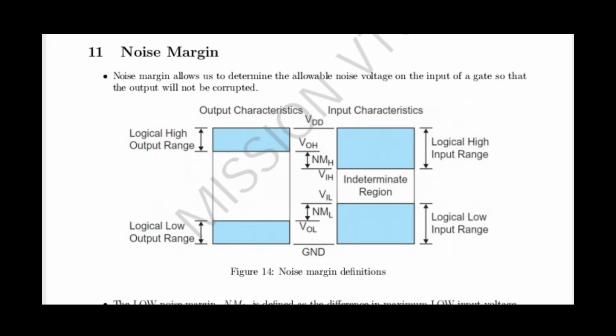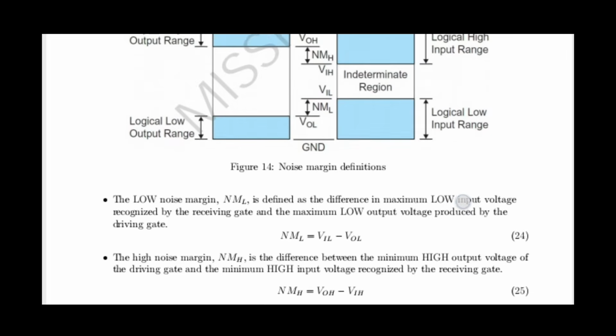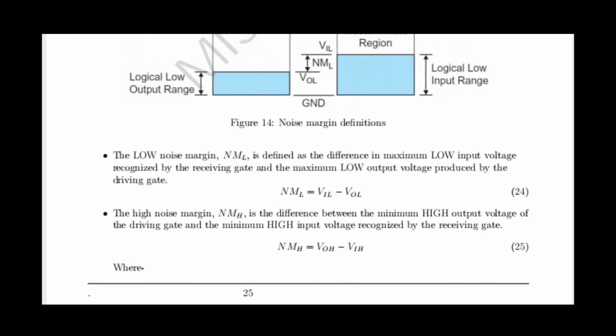In between these two ranges, there is another region, the indeterminate region. So what you can write for the noise margin is the two noise margins, that is the low noise margin and the high noise margin.